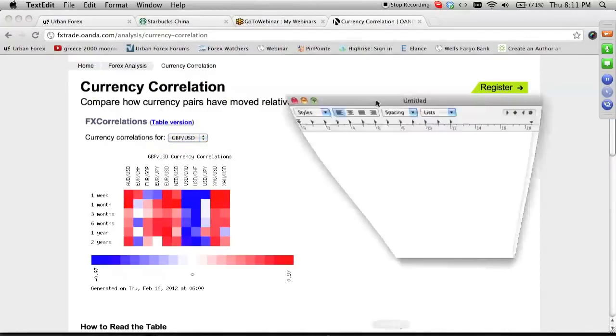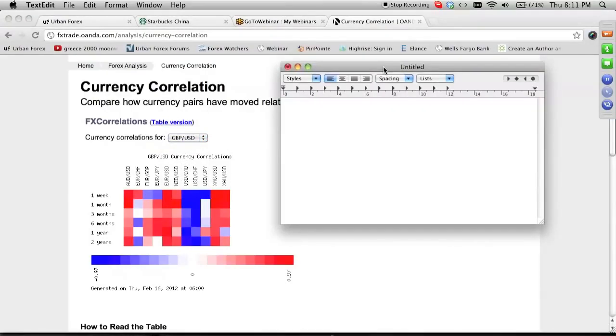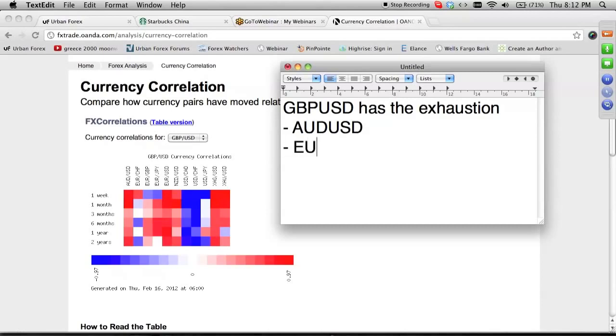What is it saying? Okay, let's jot this down. Whenever you have a trade, this is what you want to do. GBP USD has the exhaustion. The pairs that GBP USD works with are Australian dollar US dollar, which works exactly with it, and Euro USD exactly with it.